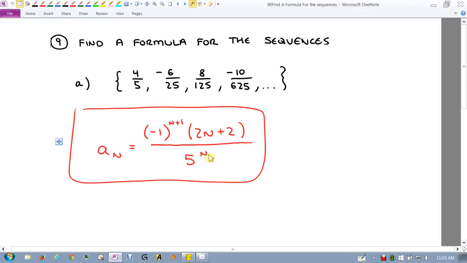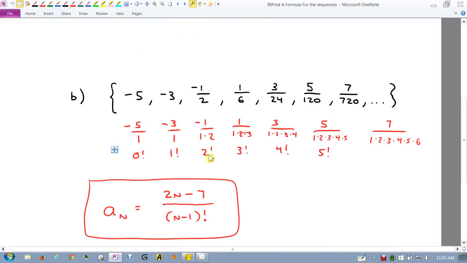Yes? Next one was a little harder. All right. The numerators. If you just write all these numerators out, these are all your odd numbers starting at -5. So it's -5, then -3, then -2, then 1, 3, 5, 7, right? So the numerators are just your odd numbers starting at -5, so I use 2n minus 7 to do that.